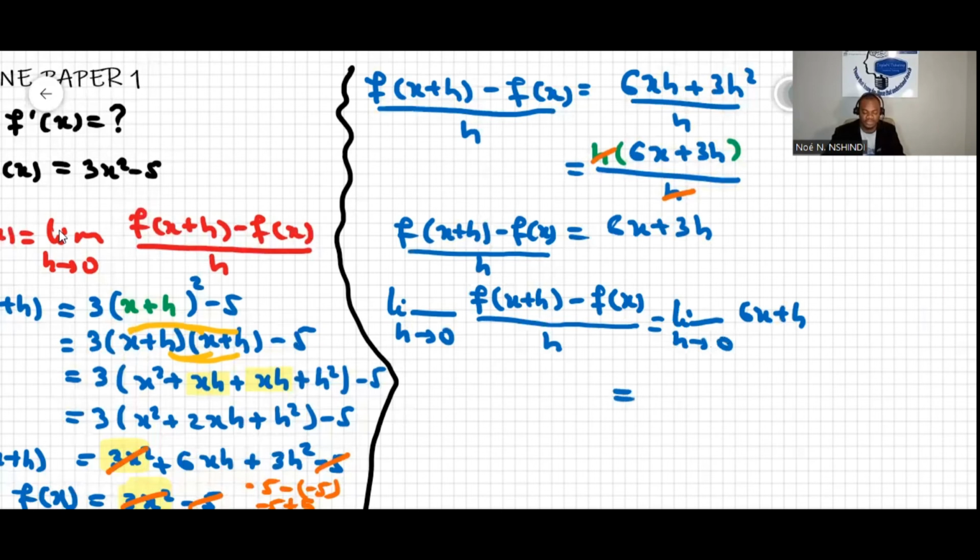So this will make 6x plus 0, which is just 6x. This is how we determine the derivative of f of x from the first principle. You can notice that if I had to differentiate it, this will be 6x. So this is the same answer. This is f prime of x.